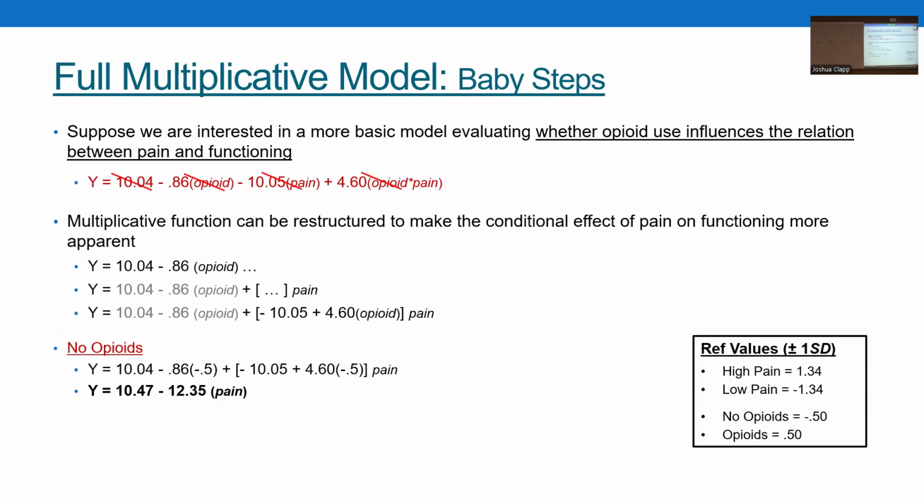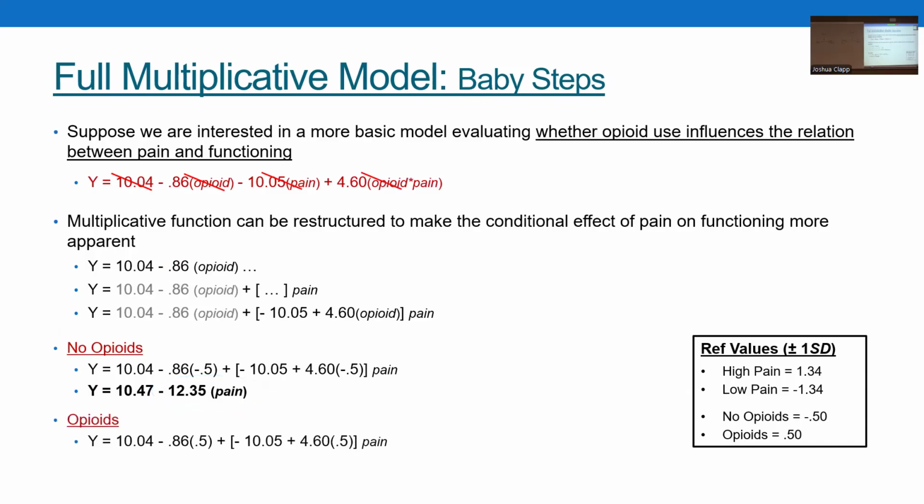See how I got that? So here is my conditional effect of pain for people who aren't using opiates. This equation says for people who aren't using opiates, I would expect, per unit increase of pain, about a 12-point reduction in functioning for people who aren't using medications.